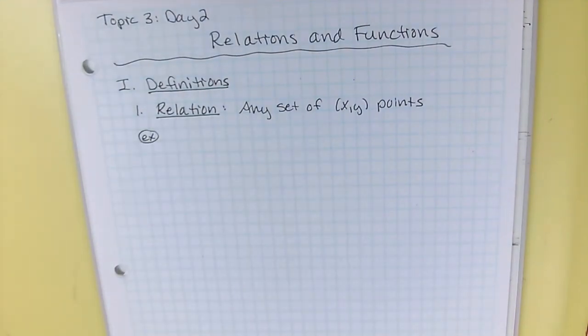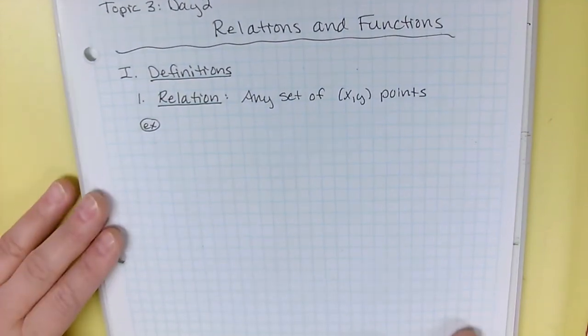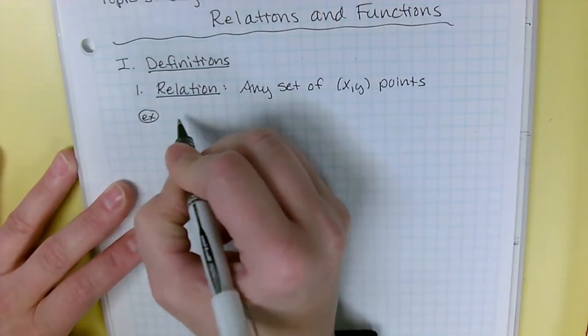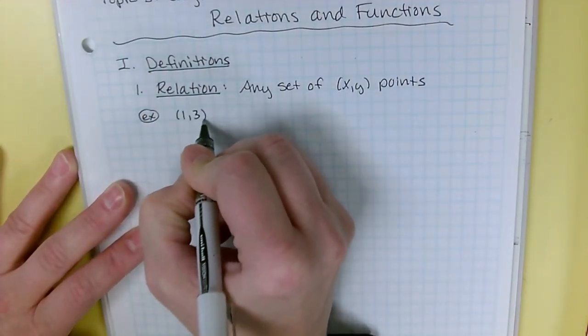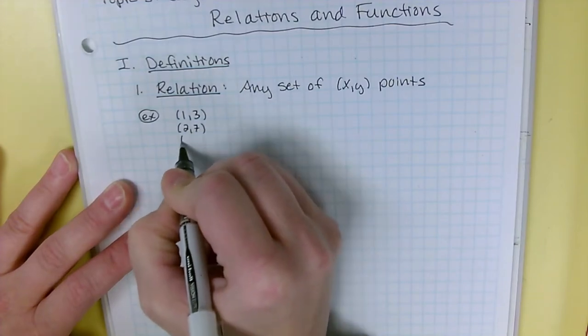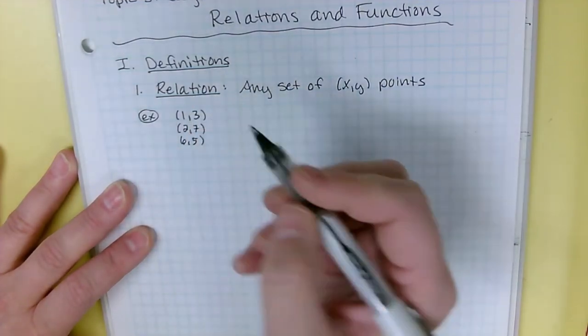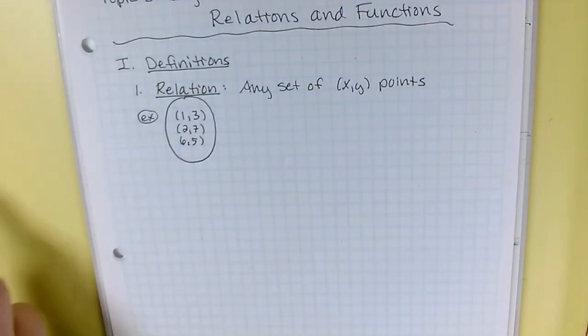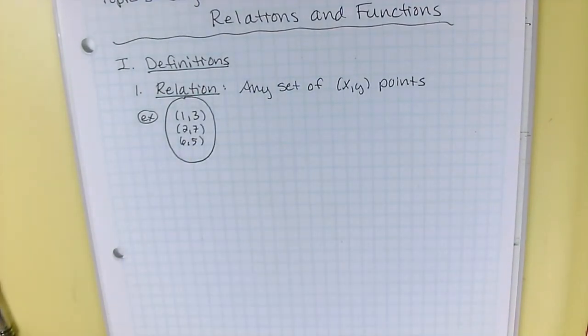All right, so we're going to do some examples of some sets, and then we're going to use them to define functions or not functions. So let's say that you've got the points 1, 3, 2, 7, and 6, 5. What they'll do is put a circle around it on your worksheet, and the circle means this is a relation. It's a group.